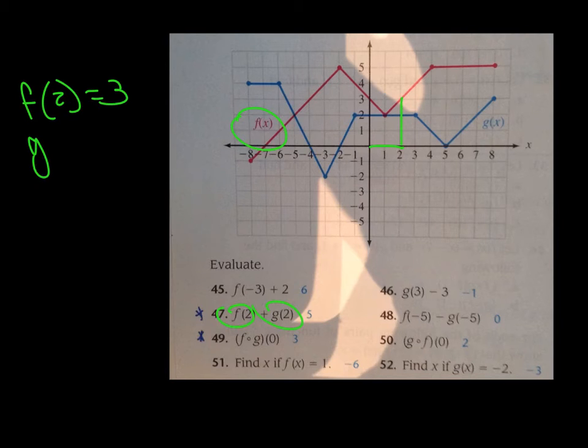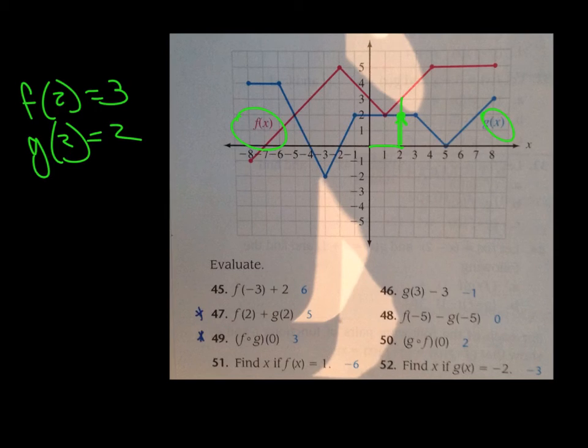G of 2 means that we again go over 2, but we go up to the blue line. So we go up 2. So when we take f of 2 and g of 2 and add those together, 3 plus 2 is 5. That's all they're asking us to do.